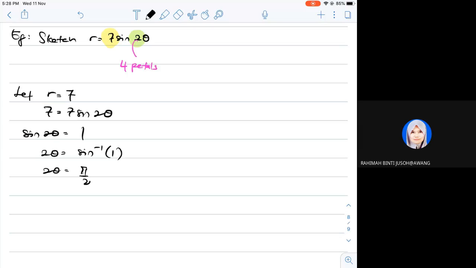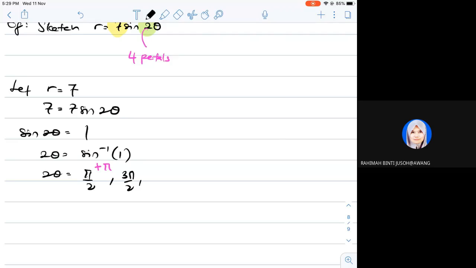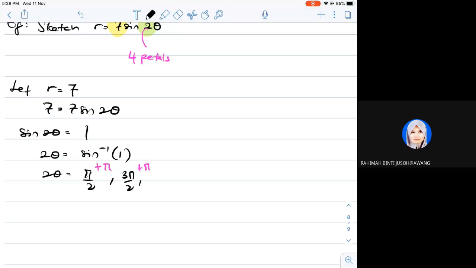For the case where n is even, you have to add pi. So pi over 2 plus pi gives 3 pi over 2. Then add pi again to get the third angle, 5 pi over 2.